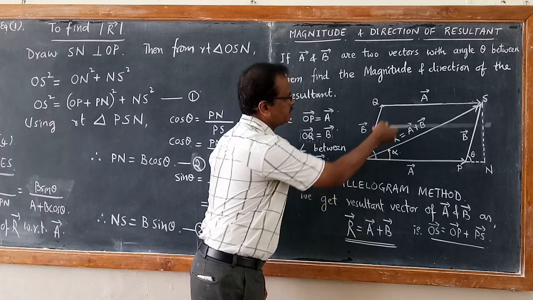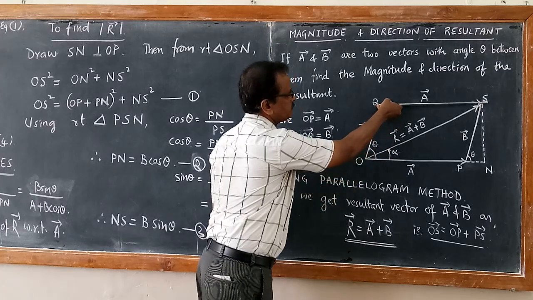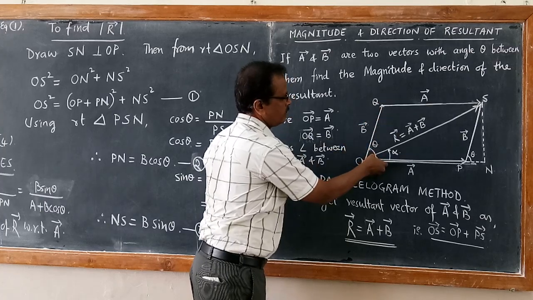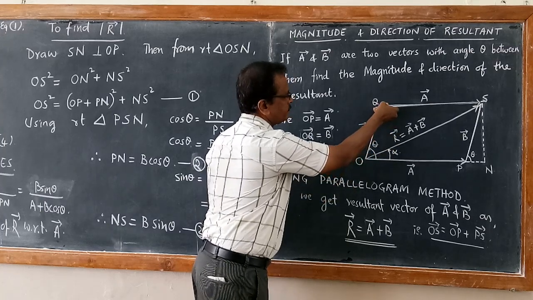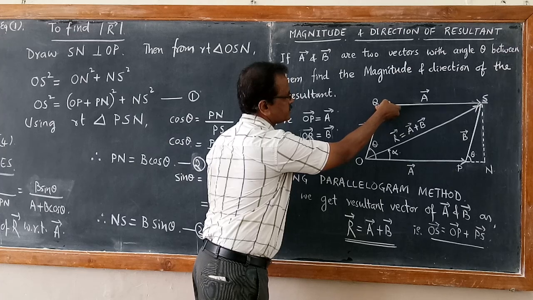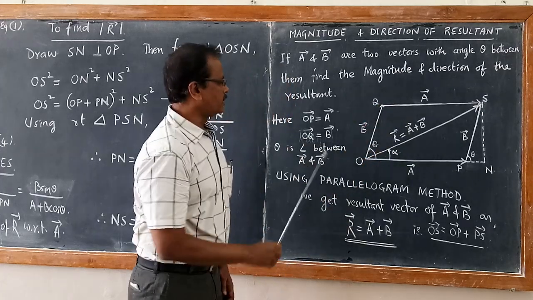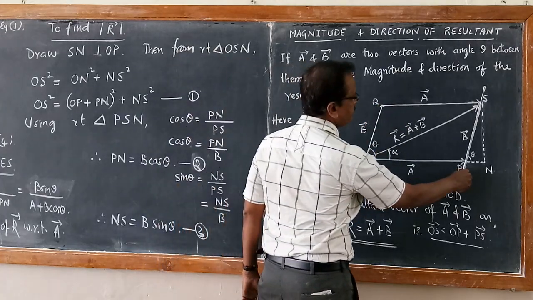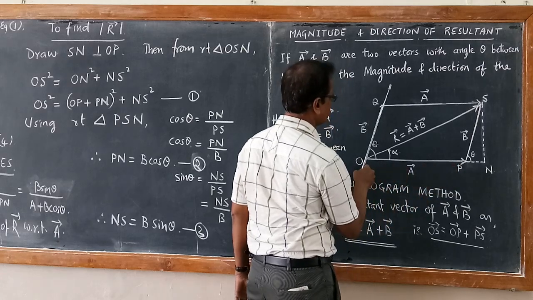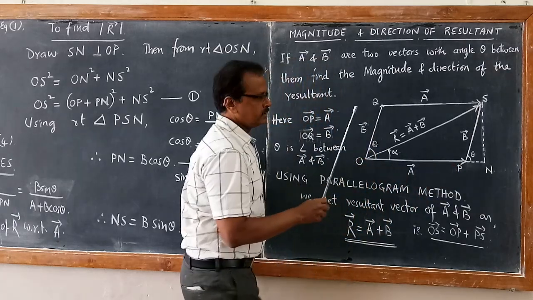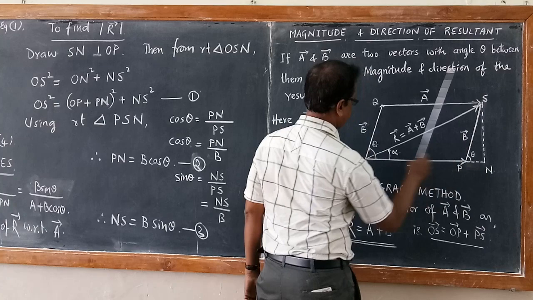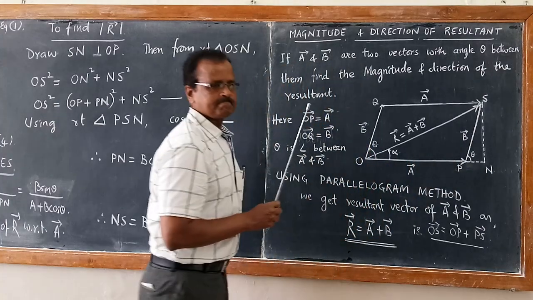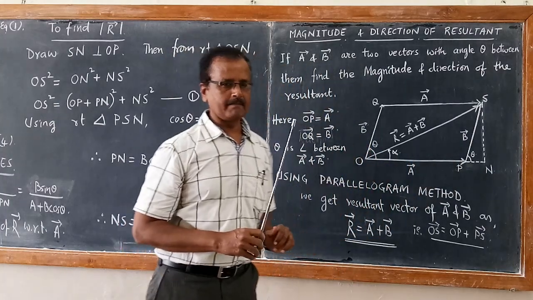Draw QS parallel to OP. Then draw PS vector parallel to OQ vector. So this becomes a parallelogram.